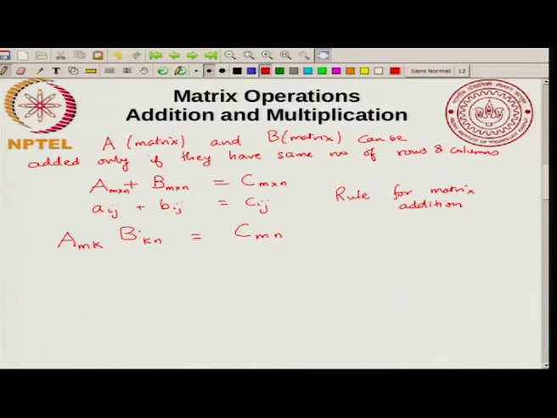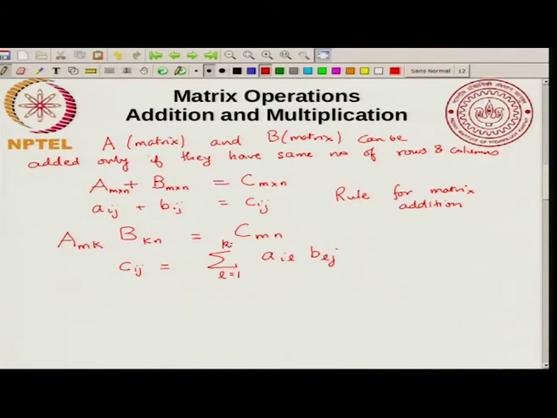The rule for matrix multiplication is that, suppose I want to calculate c i j, the ijth element of C, then I have to sum over some other index. I will call it L: a i L, b L j. So I sum over all L, and L goes from 1 to k.